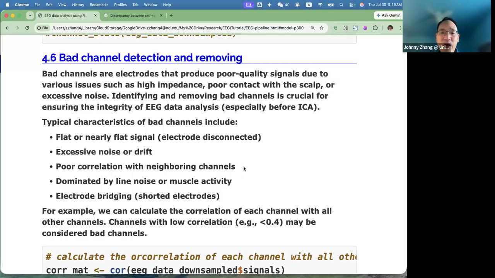And oftentimes, because the electrodes connect information from the brain regions, and the brain regions are not separate from each other, the signals should always be correlated. If one channel has very small correlation with other channels, particularly the neighboring channels, this probably means that there's some issue with the channel or the electrode. So we can use this kind of information to identify bad channels.